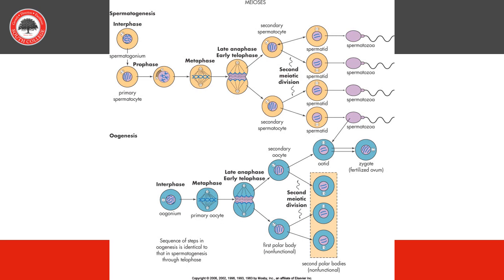They have no function in the body and are just absorbed and discarded. Therefore, we have one ootid, and when it becomes fertilized by a sperm cell, it would be called a fertilized ovum, and the two would join together, each one having 23 chromosomes, to make a person. So it only takes one sperm cell to fertilize an egg.